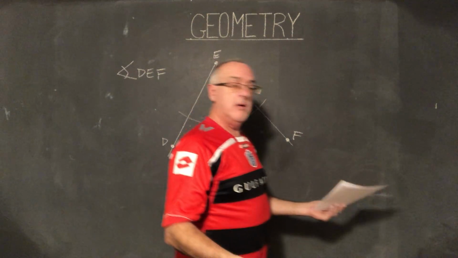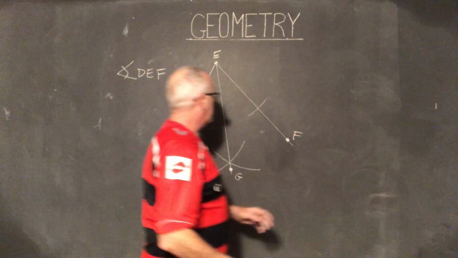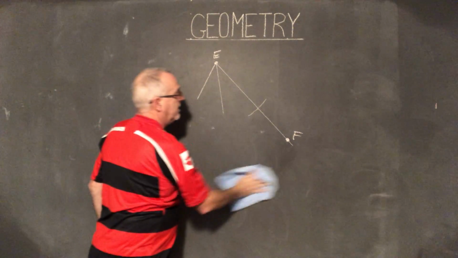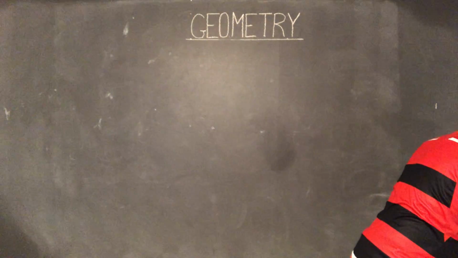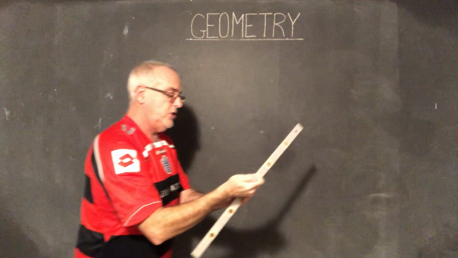Well, I need a first angle to start with, and I'm not going to use this one because there's too much clutter of arcs and labeling, etc. So I'm going to draw a new angle. Let's see. Need chalk, need straight edge.